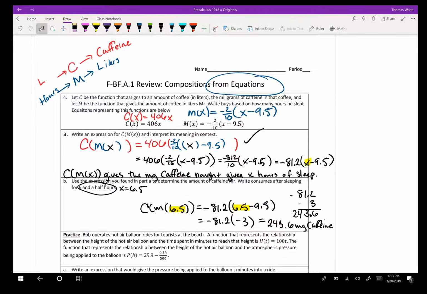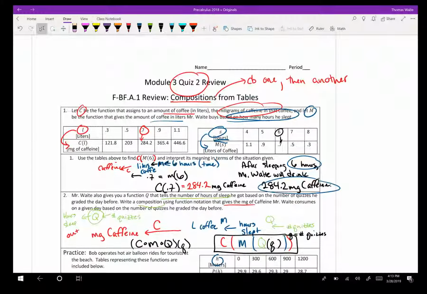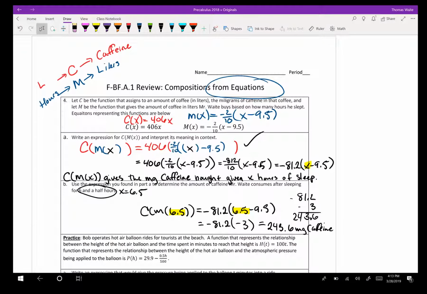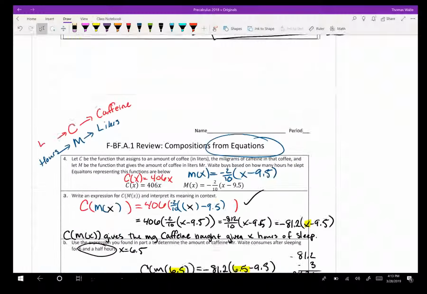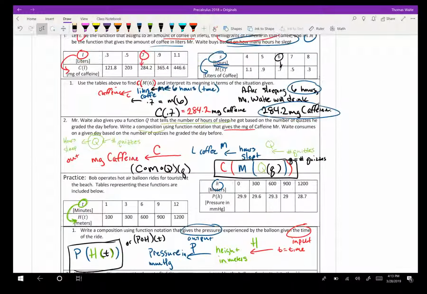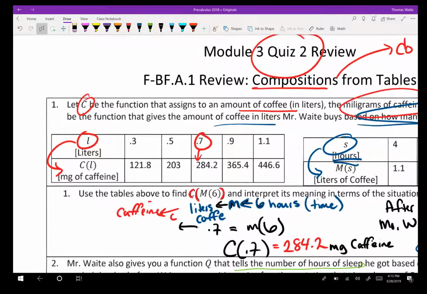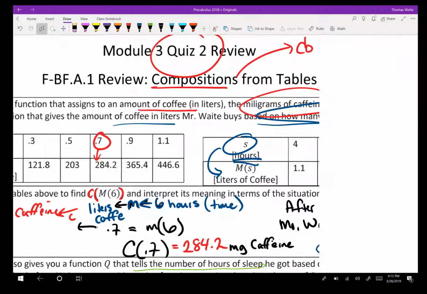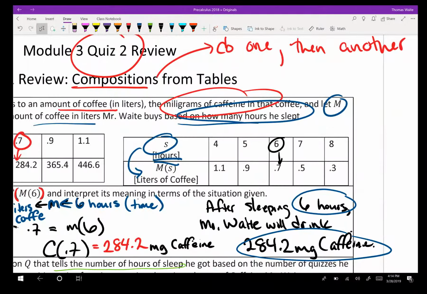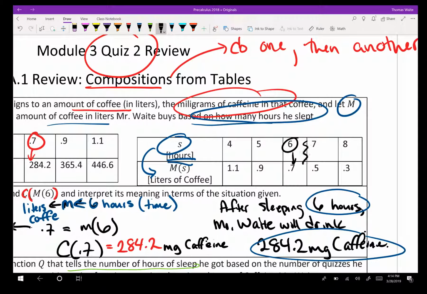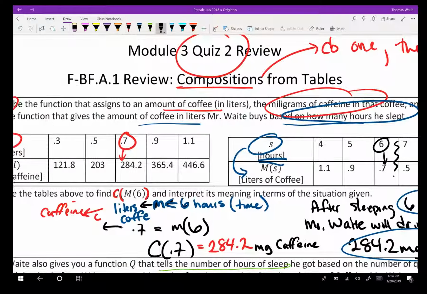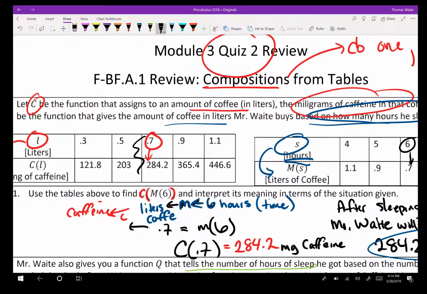Awesome. If we look back to the table, what did we say it was? So 6.5 hours, we're getting 243. Let's look in our table and see if this matches. 6.5 hours, so it's going to be about 0.6 liters of coffee. 0.6 liters of coffee is somewhere in here.